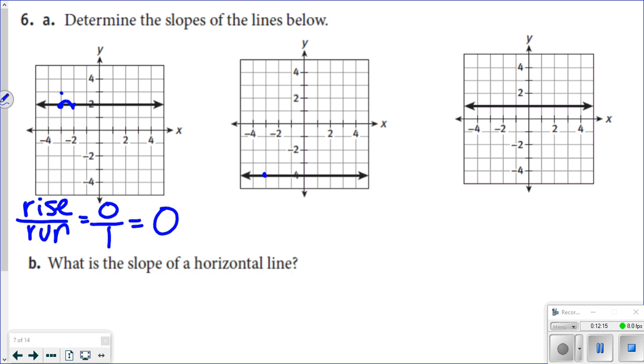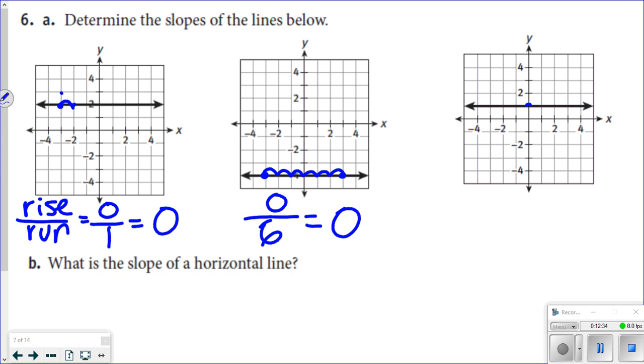Okay, let's say I put a point here and over here. My rise is 0, I'm running 6, so I have 0 brownies for 6 people, they get 0.